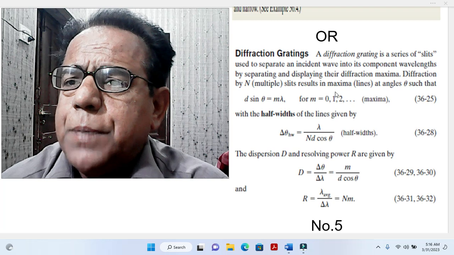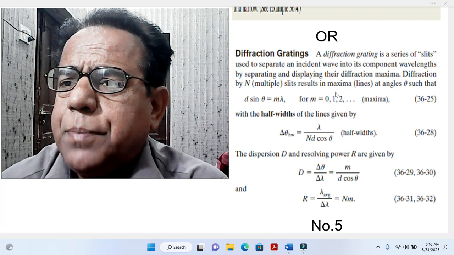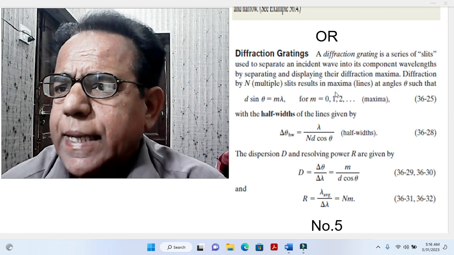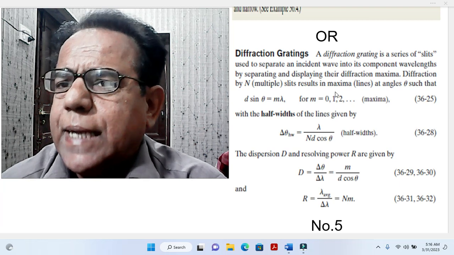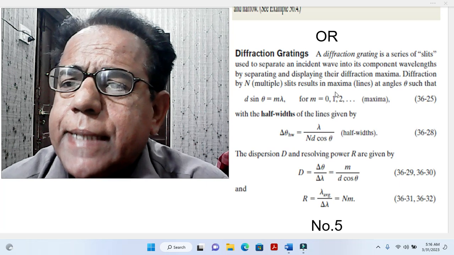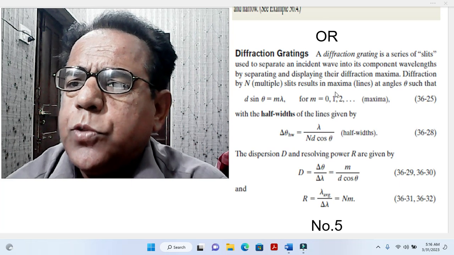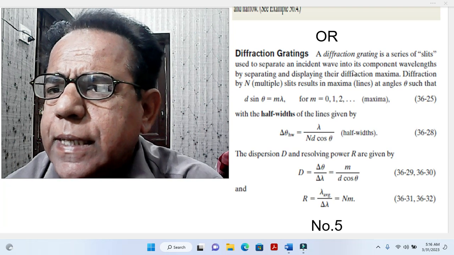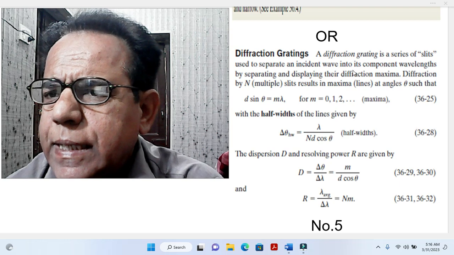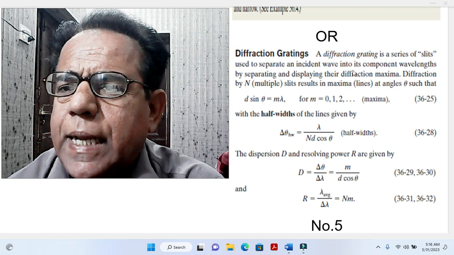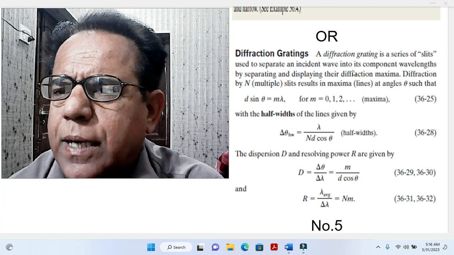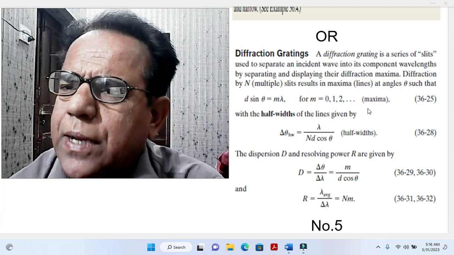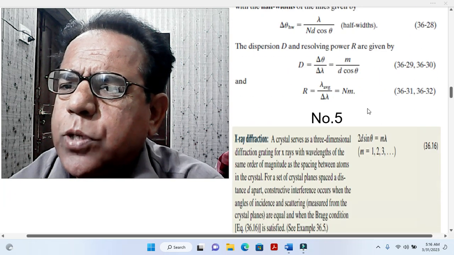Diffraction by n multiple slits results in maxima lines at angles theta such that d sine theta is equal to m lambda for m equal to 0, 1, 2, with the half width of the lines given by delta theta hw equal to lambda over nd cos theta. Anyhow, the main thing which we are concerned with has been included.